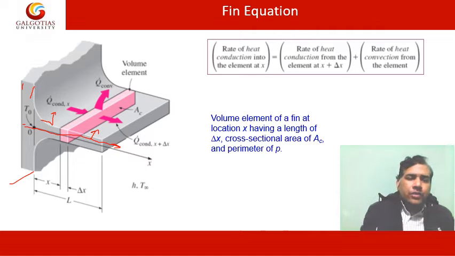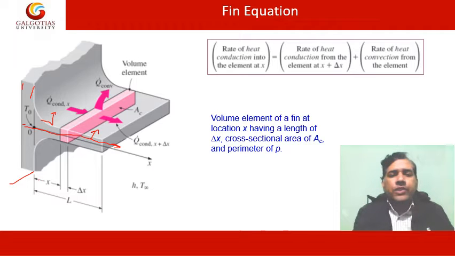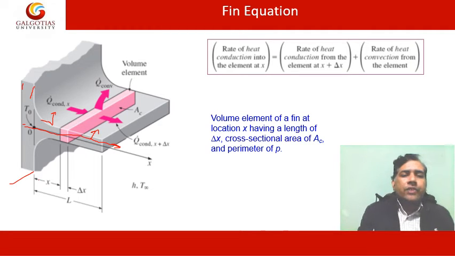So if we take an elemental volume element whose length is delta x, which is at a distance x from the surface, and let's say that A is the cross sectional area. Cross sectional area means the area which is perpendicular to the direction of conduction.